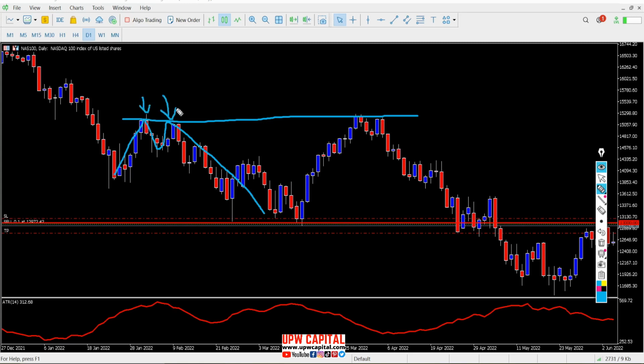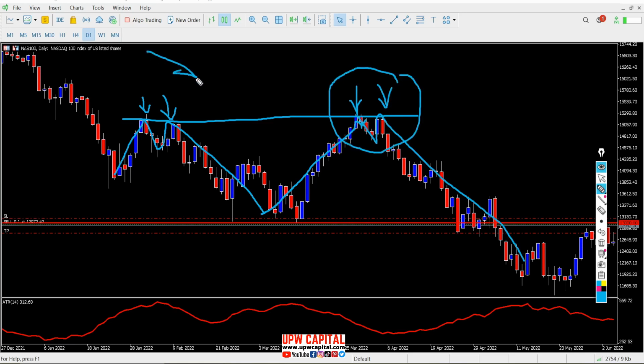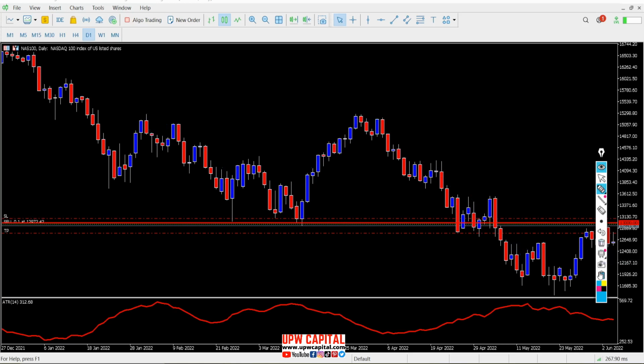So that's right here. And then eventually price pushes higher. And then again, we form this M pattern or double top. So in this area right here, if we decided to favor sells, we could have actually sold here and managed to get some positive results.